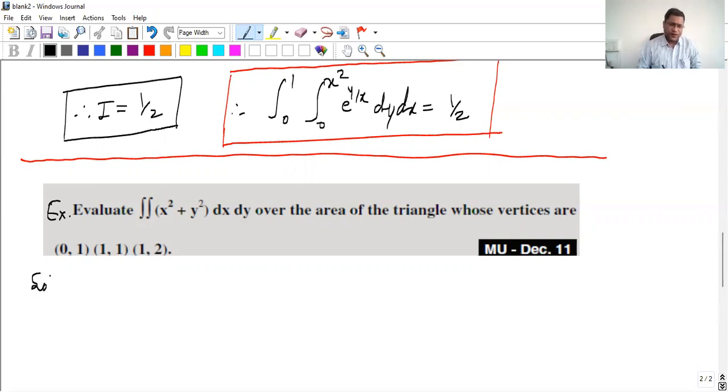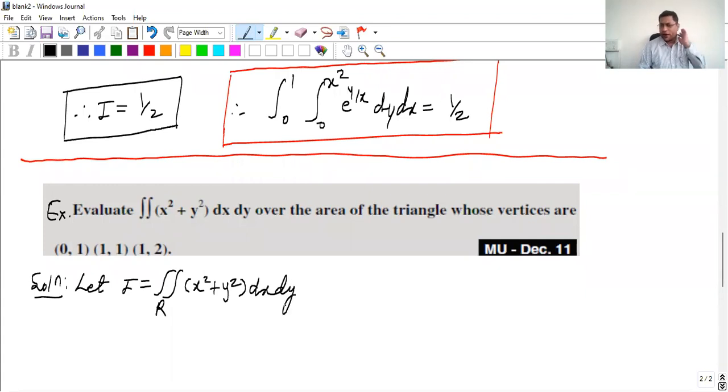Okay, so let us try to understand. What we have is I equal to the integral over R of x square plus y square dx dy. So we don't have the limits, and that's why we are not able to decide the order of the integration now.